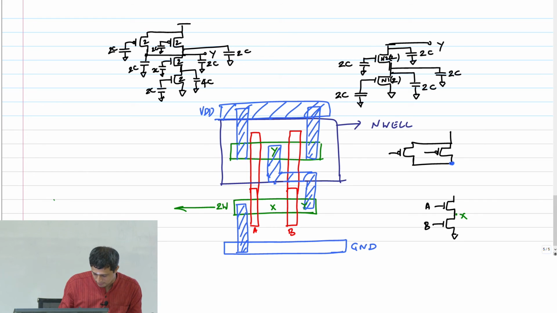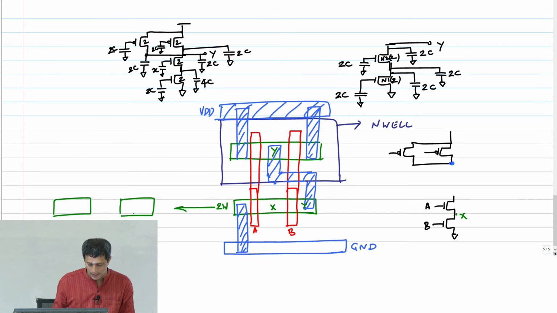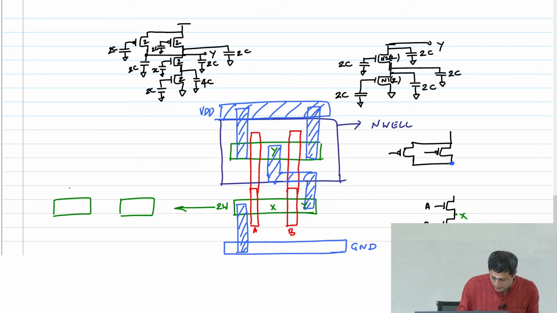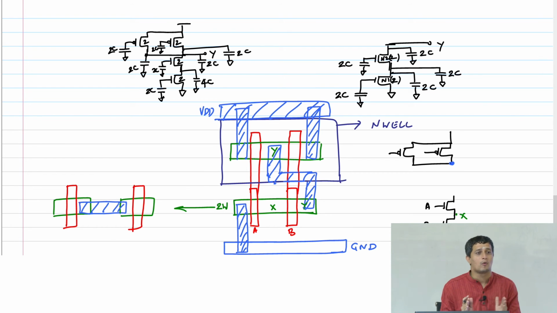I would have made one NMOS transistor, another NMOS transistor, then put a gate here and connected it to a metal, M1. This is what I would have done if I wanted to keep these as two separate transistors.